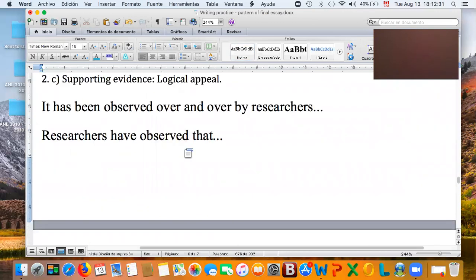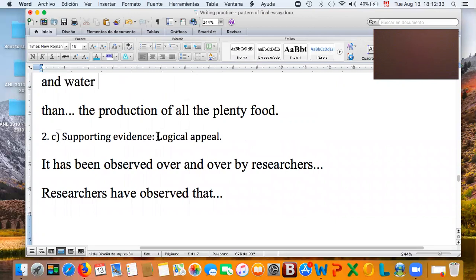How about 2C? The last item of appeal, the last type of supporting evidence that we propose is supposed to be logos, meaning not just logic, but it means reasonableness. It's logical, of course, but the main point is that your credibility is enhanced by something that you'll say or write which satisfies the reason.